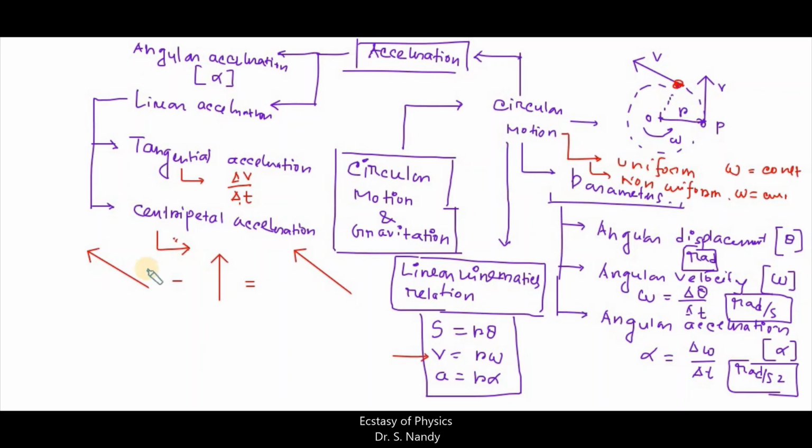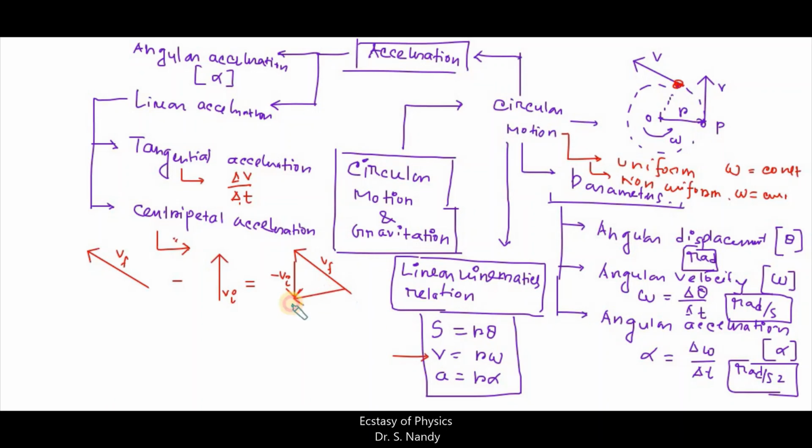This is the final velocity vf, and this is the initial velocity vi. At the end of the final velocity vector, we draw the initial velocity in the opposite direction, taking the negative of the vi vector, and its magnitude is equal.